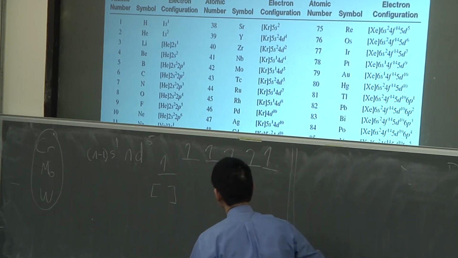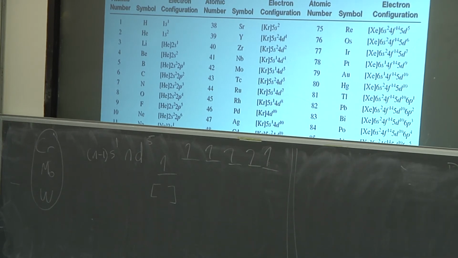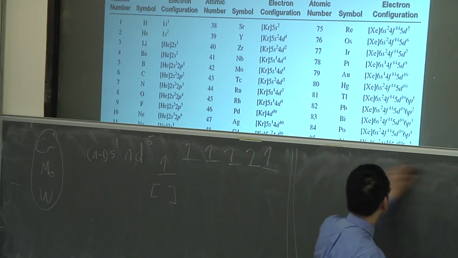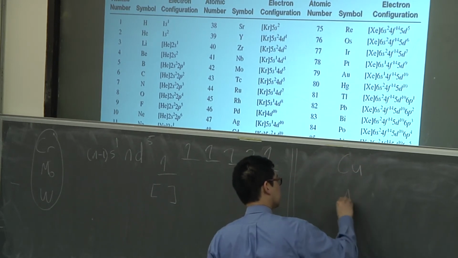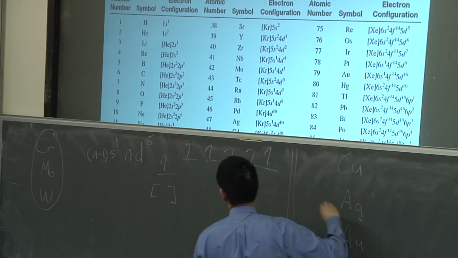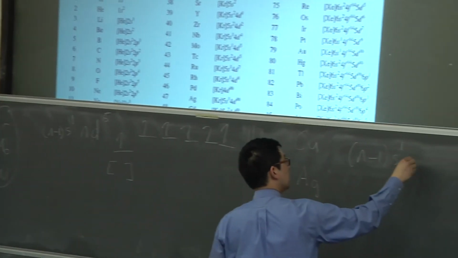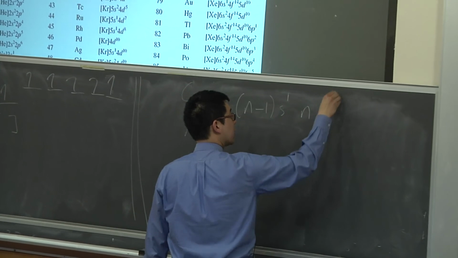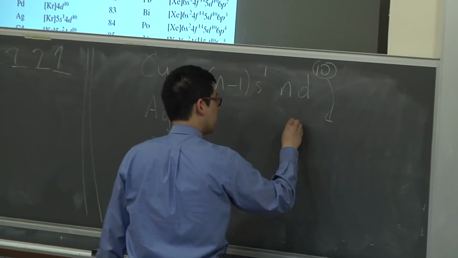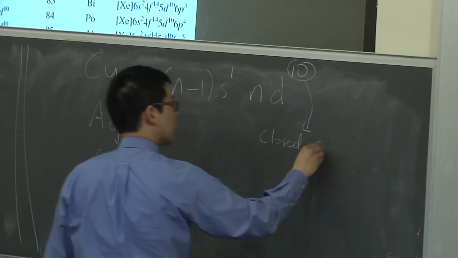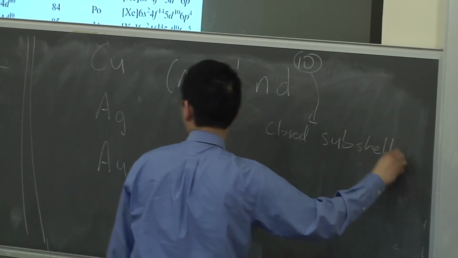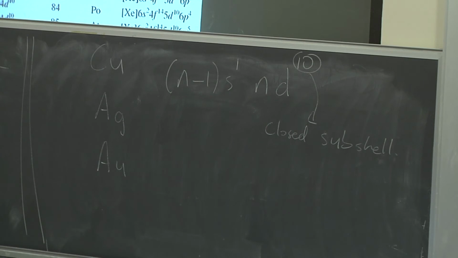And the other group of exceptions is over here: copper, silver, and gold. Those are your precious metals. So copper, silver, and gold are going to be ns1 and then (n-1)d10. And that's going to give you a closed subshell. And so this one you can view 2 different ways.